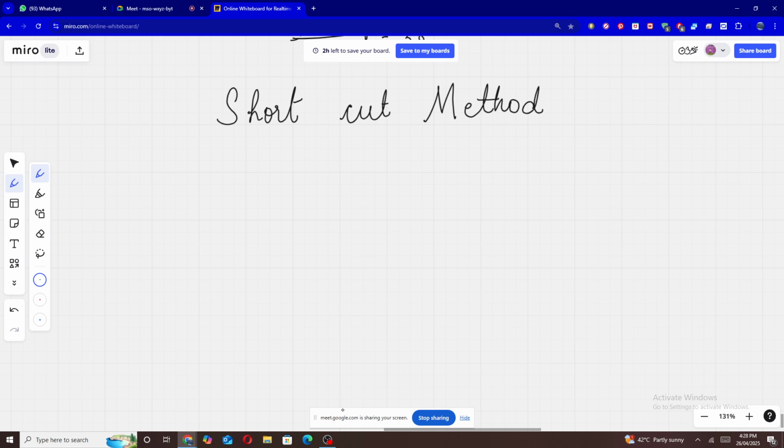See guys, this table shows the weight of 12 students. You have to find the mean using the shortcut method.